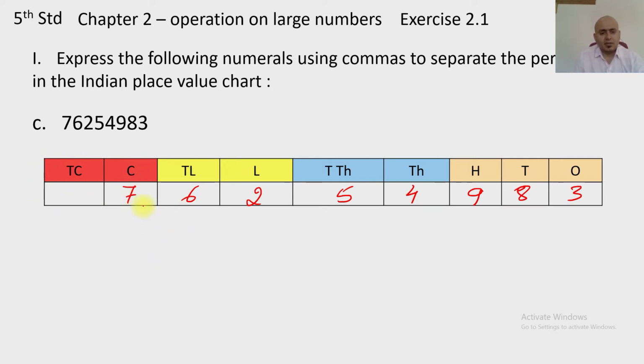Now read it as a number. Put a comma after the crores place, the lakhs place, and the thousands place. That is 7 crores 62 lakhs 54,983. So this is the answer: 7 crores 62 lakhs 54,983. Next question.